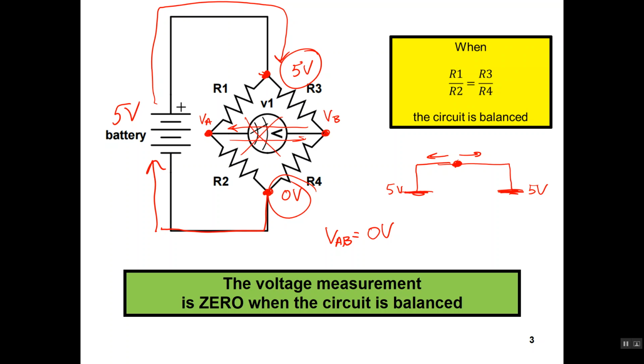We call this a balanced circuit. The way to create a balanced circuit is to make sure to maintain this ratio, using the terms described in this Wheatstone circuit here.